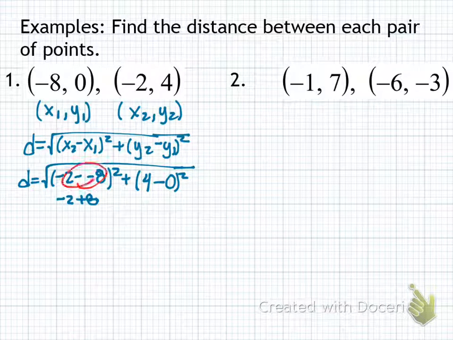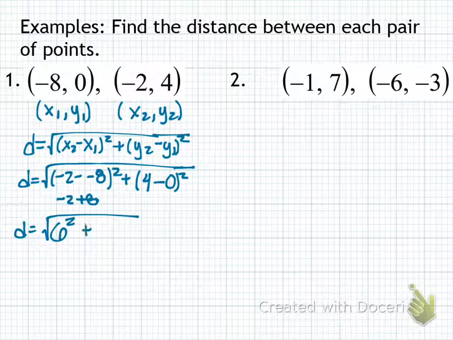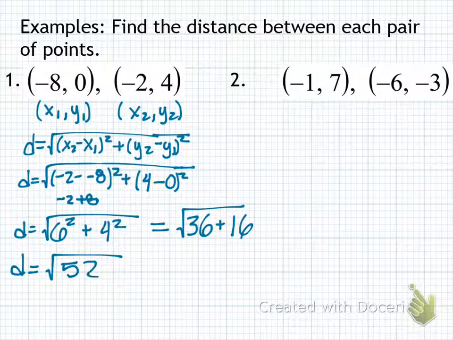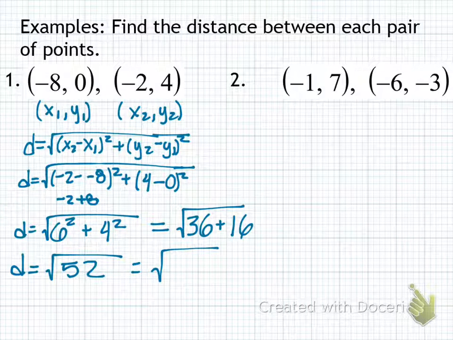The minus and negative here becomes positive. So that gives me 6 squared plus 4 squared. 6 squared is 36. 4 squared is 16. And when I add those, I get 52. The square root of 52, I can simplify. That's just 4 times 13.